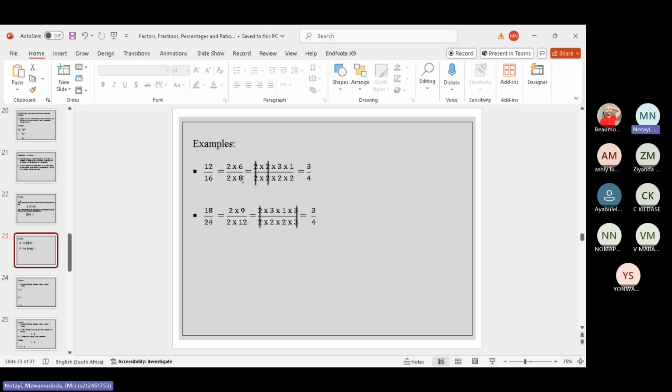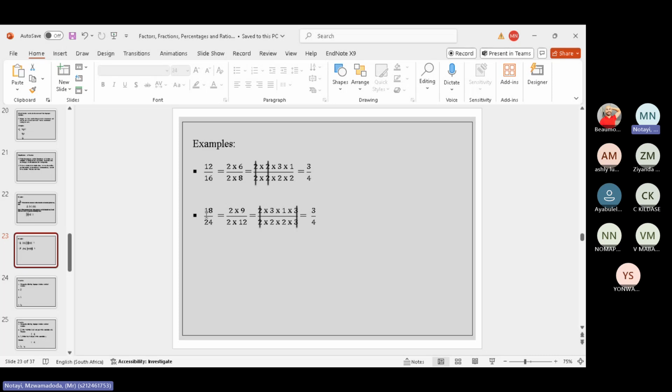And then divided by 2 times 8, whereas 8 can also be written in its prime factors. We have 2 times 2 times 2 times 2. And then we see that there's a 2 and a 2 at the bottom that cancel each other. And then there's another 2 and 2 at the bottom that cancel each other. And then we're left with 3 times 1 divided by 2 times 2, which is equal to 3 divided by 4. That is in its simplest form.